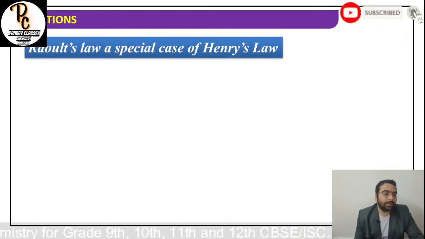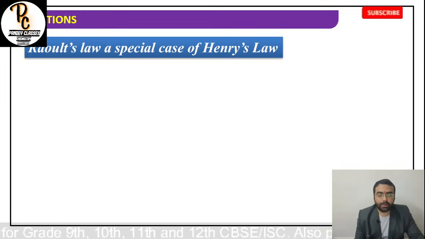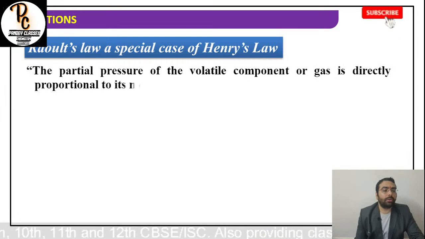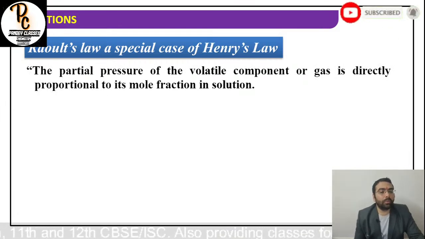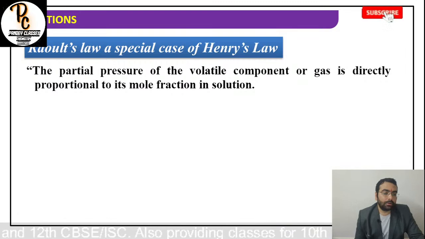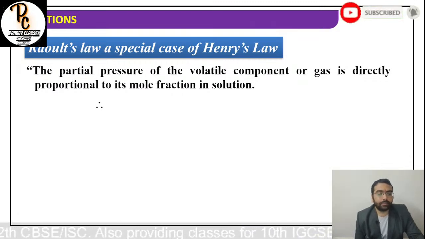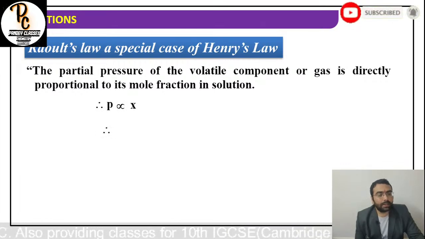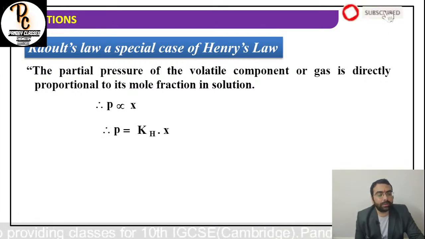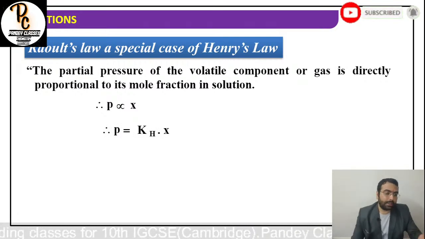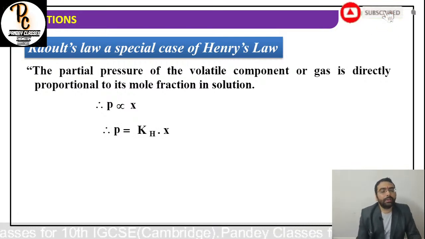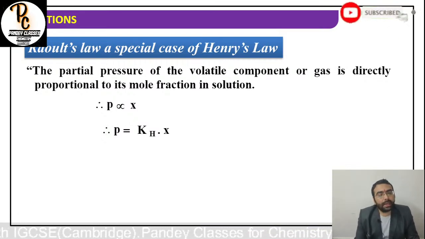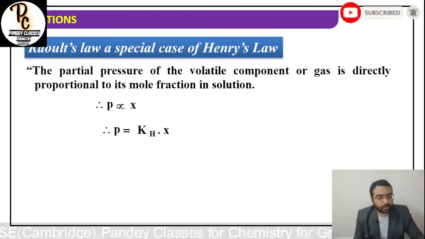Raoult's law, a special case of Henry's law. This we have already discussed: the partial pressure of the volatile component or a gas is directly proportional to its mole fraction in solution. Therefore, P is directly proportional to chi. In the case of Raoult's law it was P naught into chi, but in the case of Henry's law, P equals KH chi, where KH is Henry's constant.